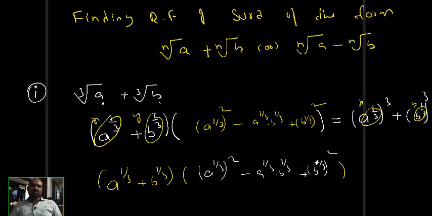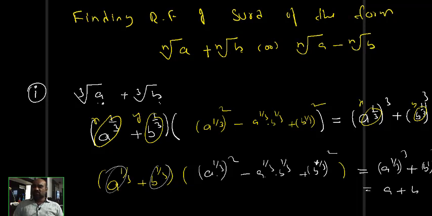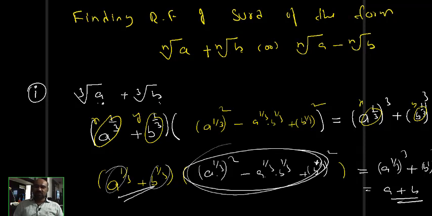Then only we will get a rational number. How can you say? Feel this is x, this is y. (x + y)(x² − xy + y²). What will we get? x³ means (a^(1/3))³ plus (b^(1/3))³. (a^(1/3))³ is a only, that is b only, a + b is a rational number only. Now what can I say? This is the RF of this, or this is the RF of this. That I will write clearly on the next page.